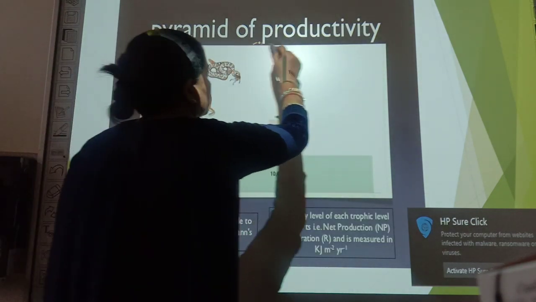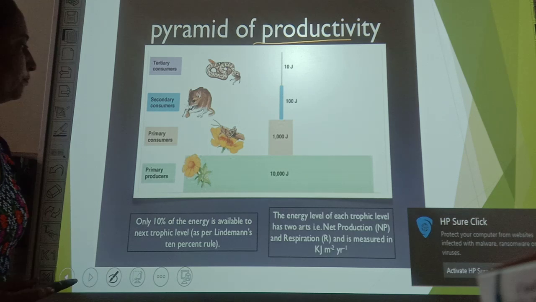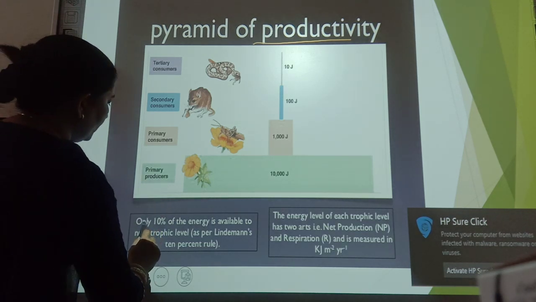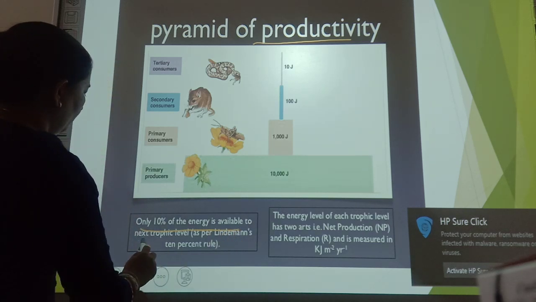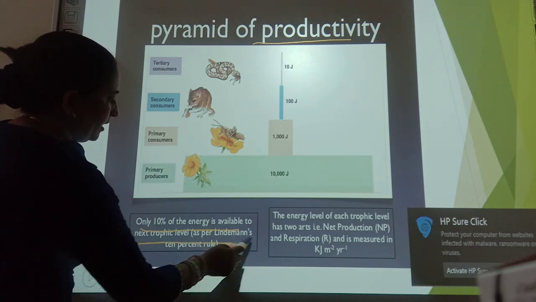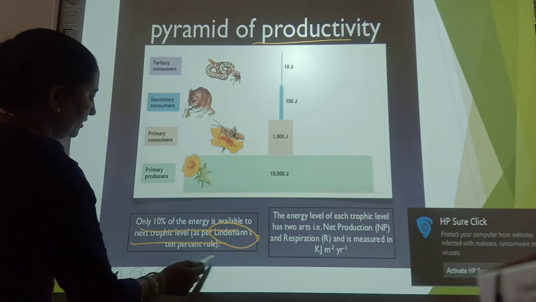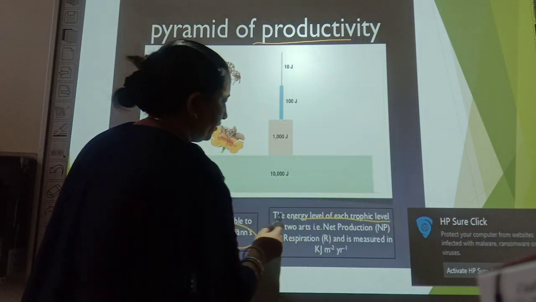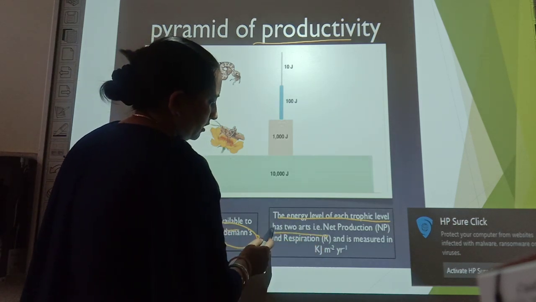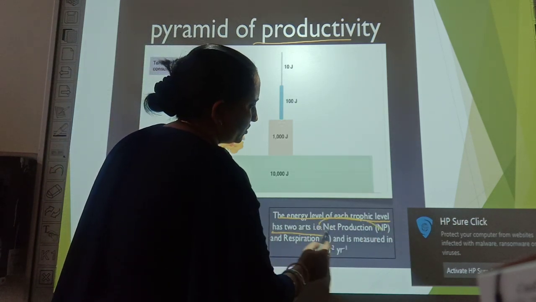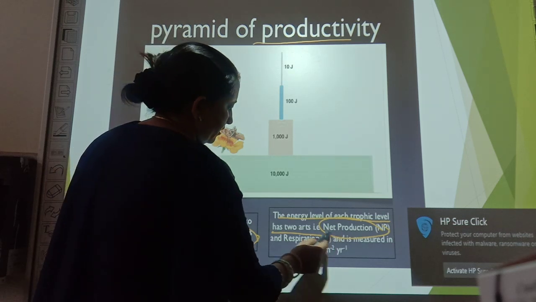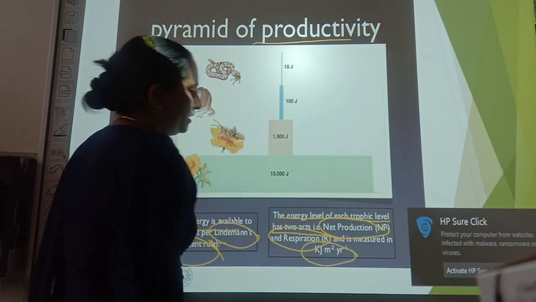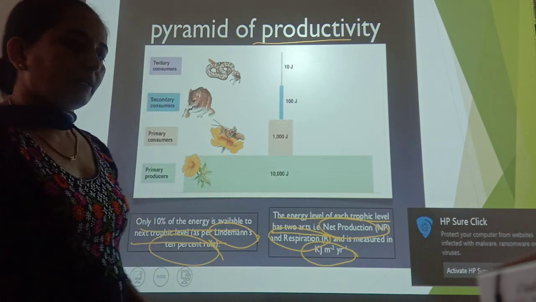Here, the pyramid of periodic productivity shows that only 10% of energy is available to the next trophic level as per Lindemann's 10% rule. And the energy at each trophic level has two components, that is net production (NP) and respiration, measured in kilojoule per meter square per year.